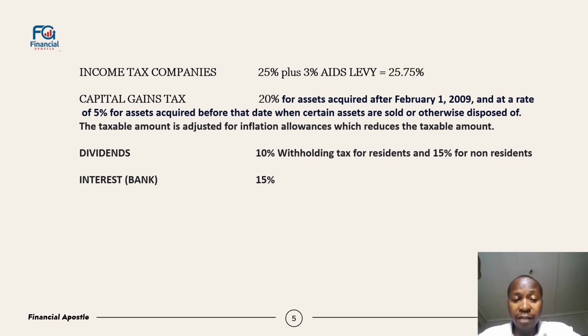Again, you might have had some savings in your bank. You earn interest, but that interest is taxed at 15%. So you get to keep 85% versus 75% under employment income. So the advantage is here. You see the tax system seems to favor passive income versus active income.